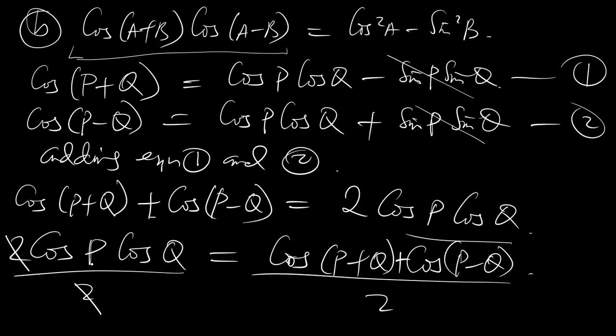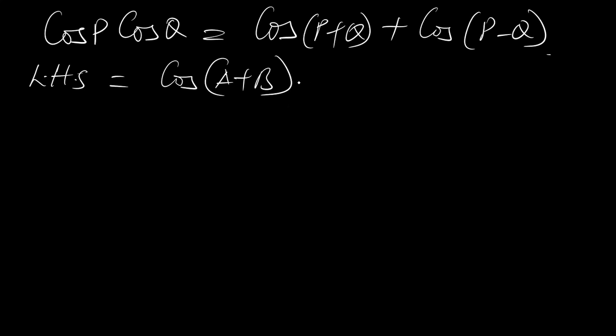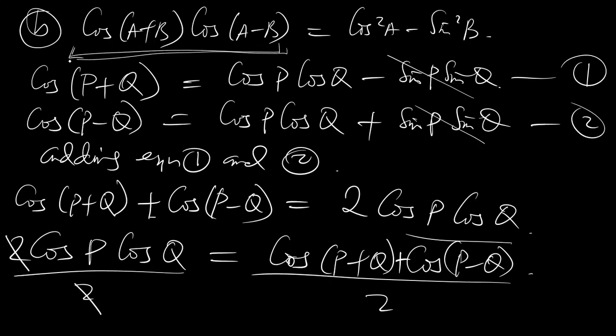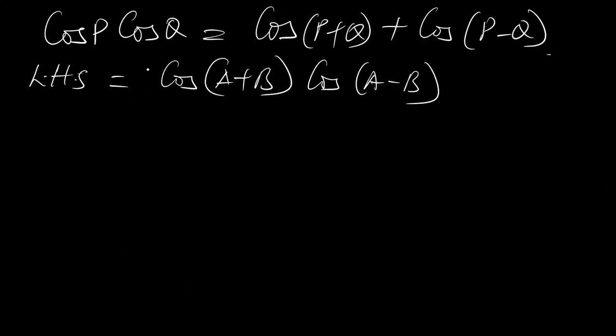Now if you compare the left hand side of the equation, where you have cos(a + b) cos(a - b), you can see that it's similar to this, meaning that p is equal to a plus b, and q is equal to a minus b.